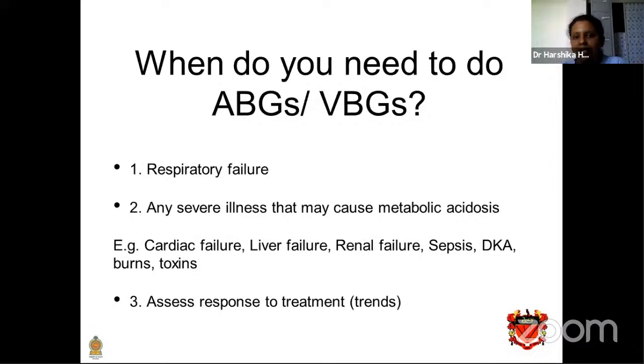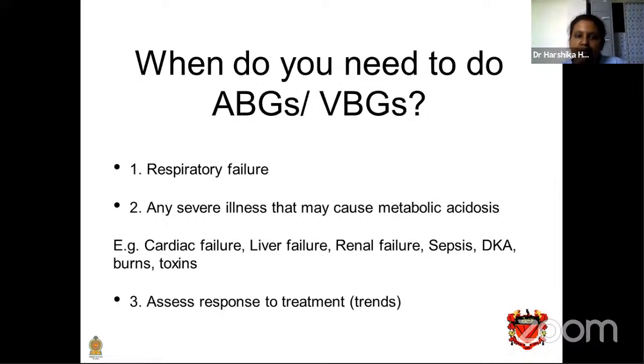So when do we do arterial or venous blood gases? Especially in ICU or HDU setups, for patients who are on the ventilator, we usually do arterial blood gases. These are patients in respiratory failure who are being ventilated.